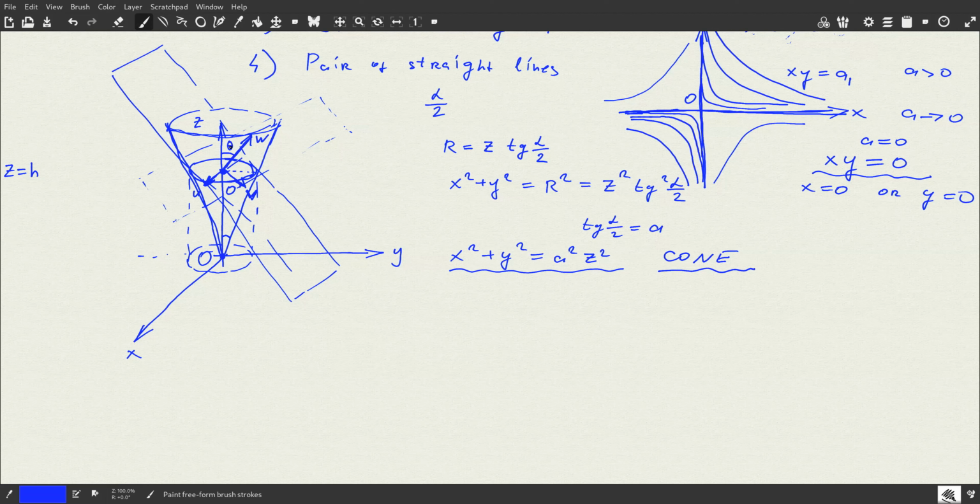So once again, let us, as we did before, consider the coordinate transform between the old coordinate system and the new one.